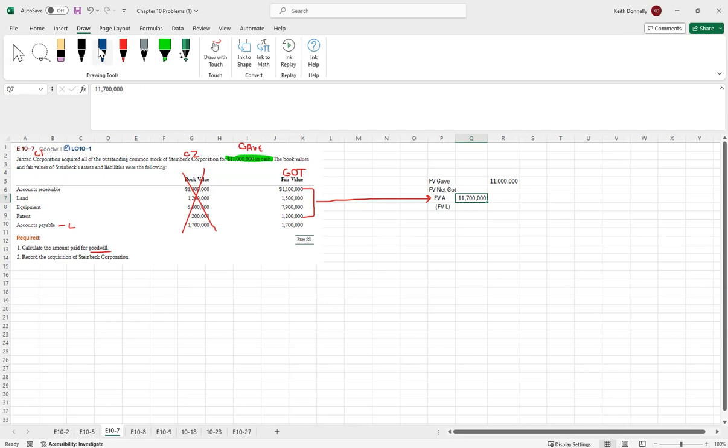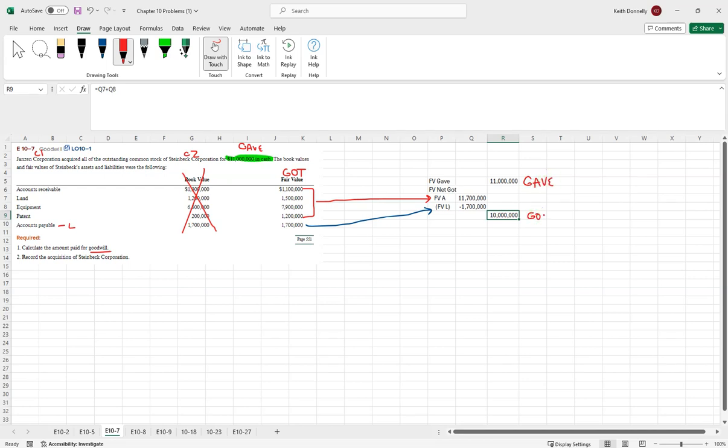The liability, all right, we take the good with the bad. When we buy this, that was good, we got assets, but we also take on these liabilities. Right, so that's what we gave, 11 million.